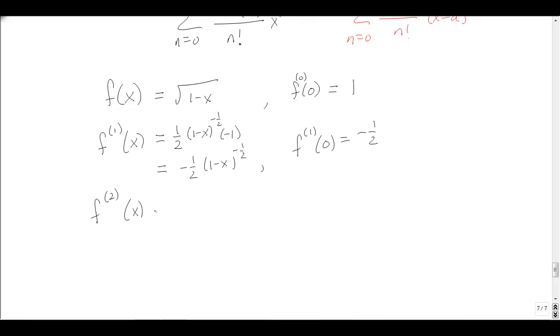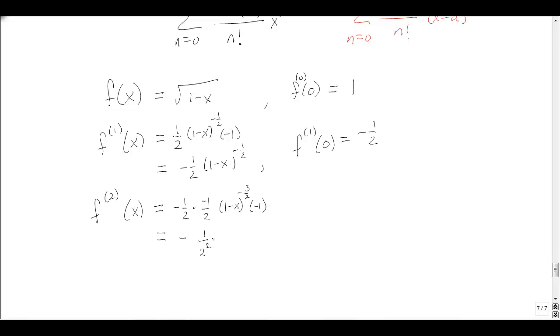Second derivative of x, I get my negative 1/2, and then I'm going to multiply by another negative 1/2, and that's 1 minus x to the negative 3/2, but then I pick up a negative 1 because of the chain rule doing the derivative of 1 minus x. So this works out to be a negative, a positive, a negative of 1 over, I'm going to write it as 2 squared.